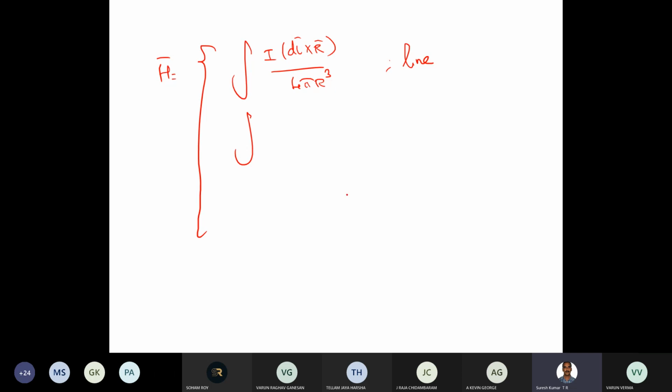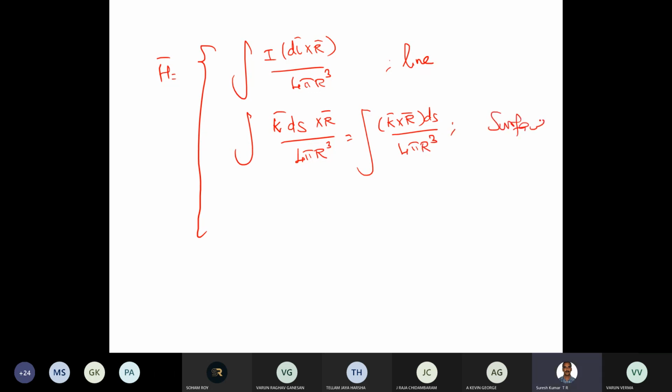If it is surface current, you can replace this I dl with K ds. Or you can write it in a better way like K vector cross R vector into ds over 4 pi r cube. This is for surface current.